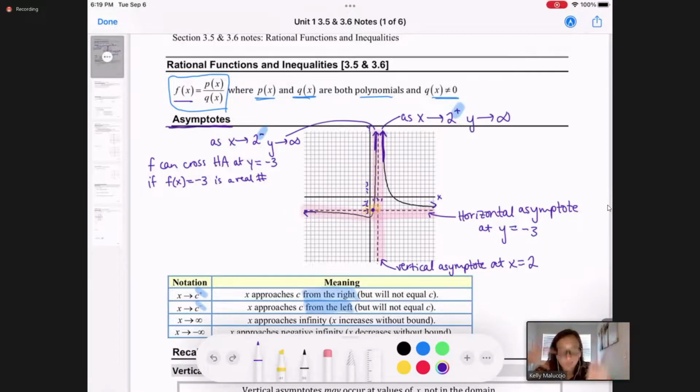Hopefully that made sense. Like if you solve this for x, if f of x equals -3 is a real number when solving for x. Because obviously -3 is a real number. We're good to go.